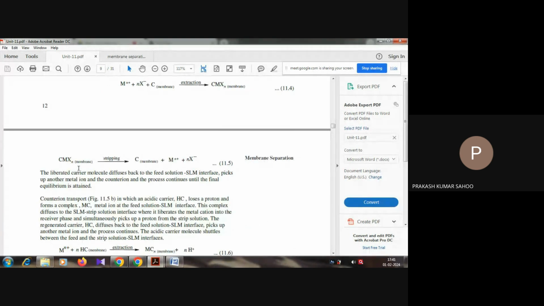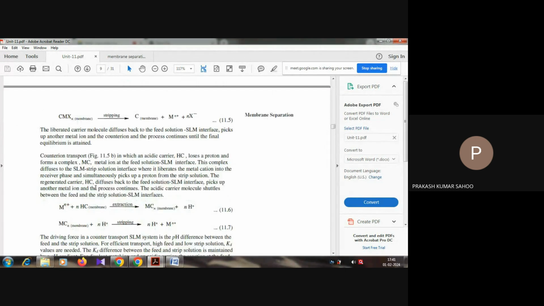There will be an attachment or adsorption of these ions to the membrane, and it will form the CMxNy membrane complex. Then this complex will undergo separation, and we have the separation of both the components Mn+ and Nx-.